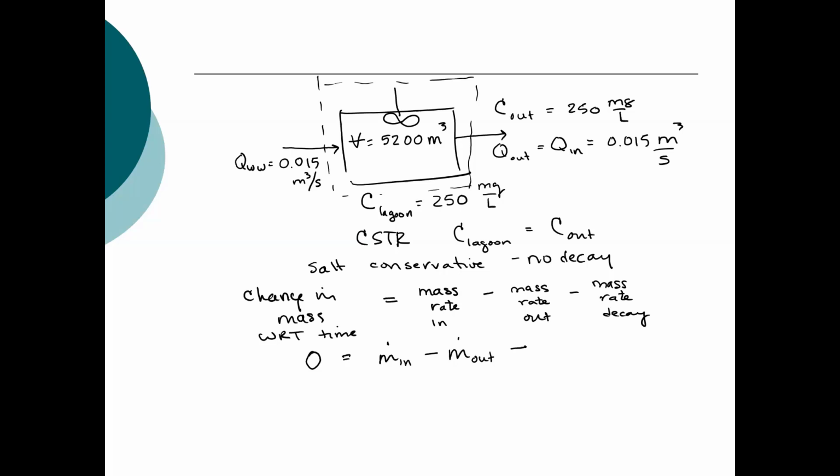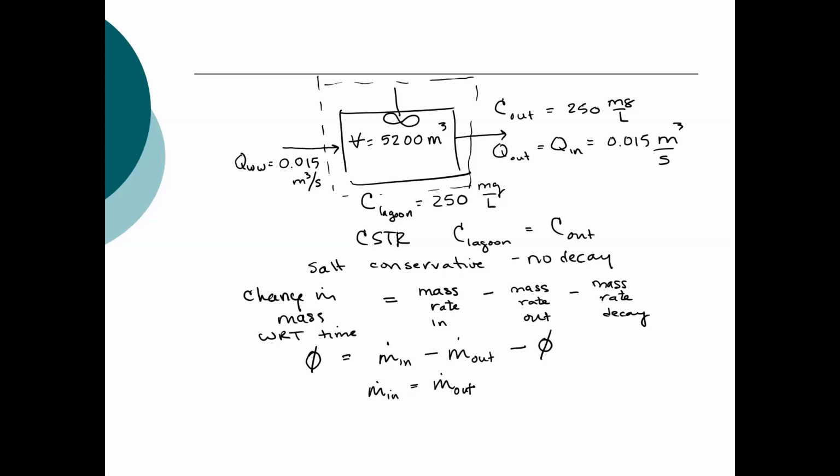And we said that the chemical is conservative, which means K, the rate constant, is equal to 0. So this is also 0. So that means in this case, mass rate in is equal to mass rate out. Okay, so at steady state, 250 milligrams per liter. Okay.